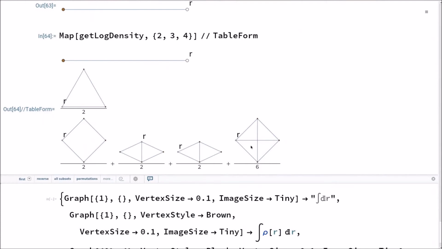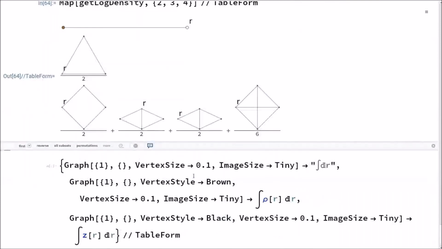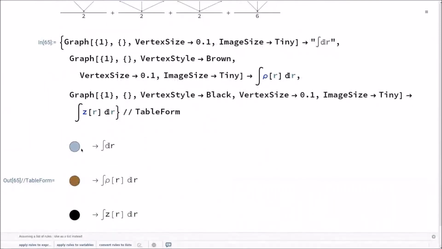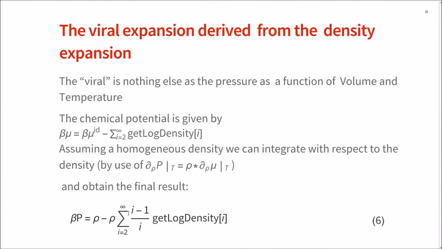And these are these diagrams. This we will calculate later explicitly. So here's again summarizing. If we have a gray dot, we simply integrate over the coordinate. Brown means over the density in the coordinate, and black over Z and the coordinate.